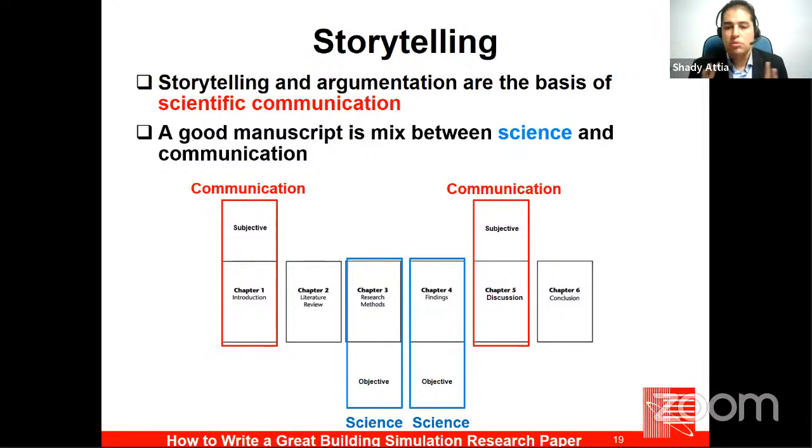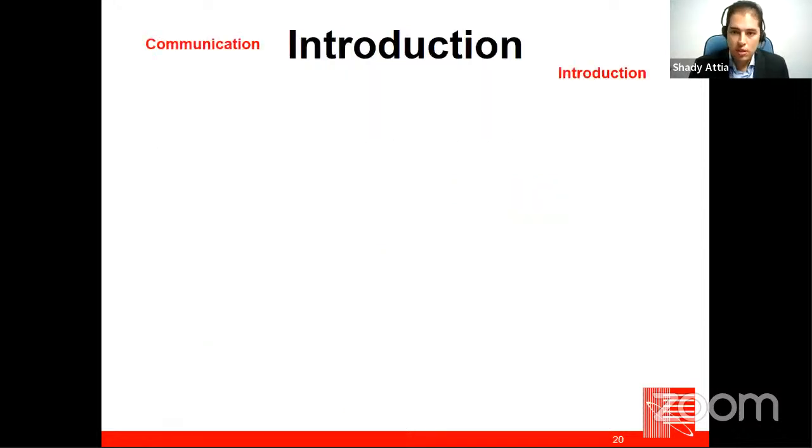So it's important to invest in both sides, communication and science, so that you have a coherent paper that is easy to read with a clear message and for sure pleasant to read and accessible. So it is important to invest in your storytelling.